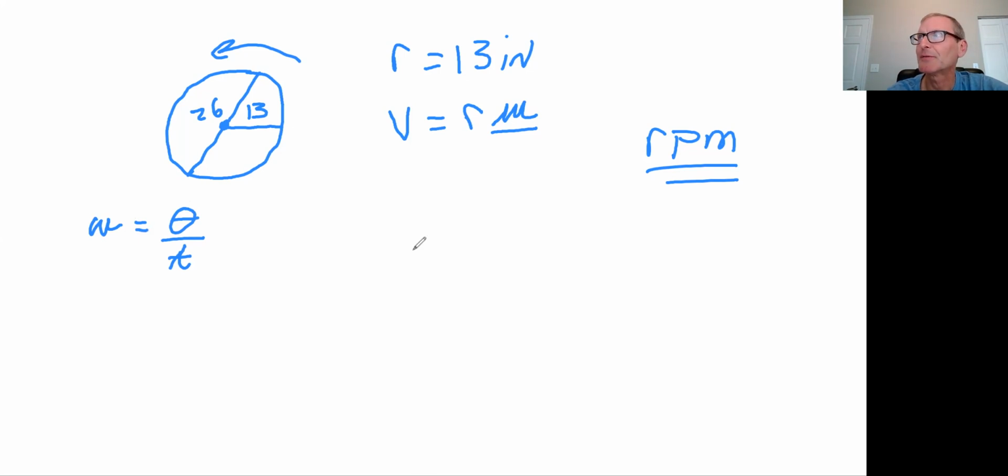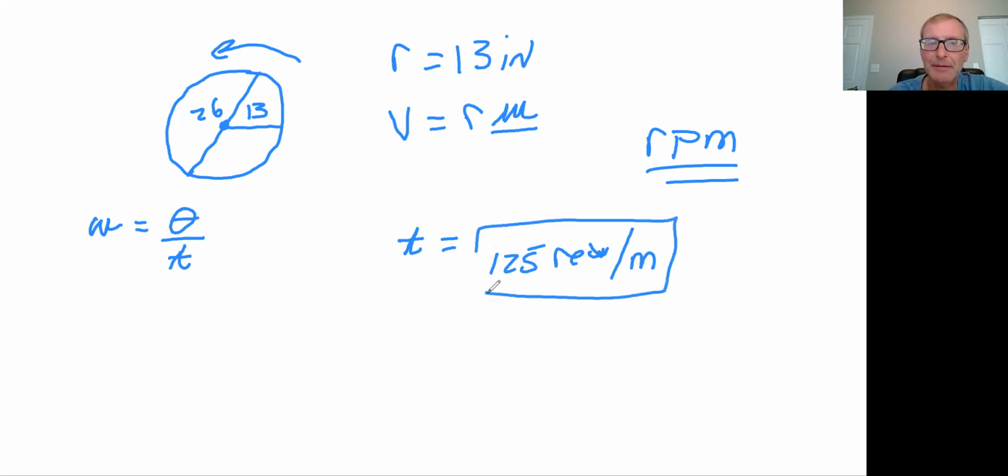Well, with regards to T, it is 125 revolutions per minute. And so to calculate this aspect of W, what we need is that when you're traveling around with regards to the angle, right?